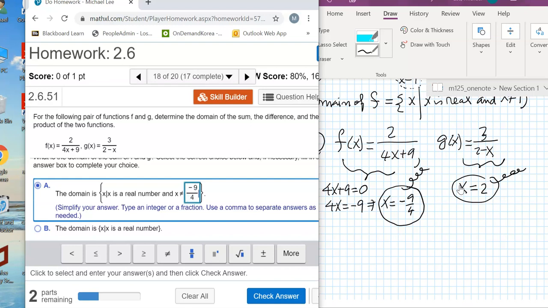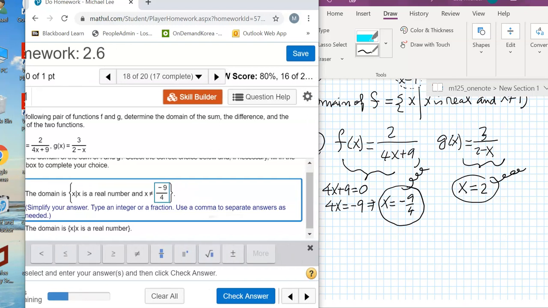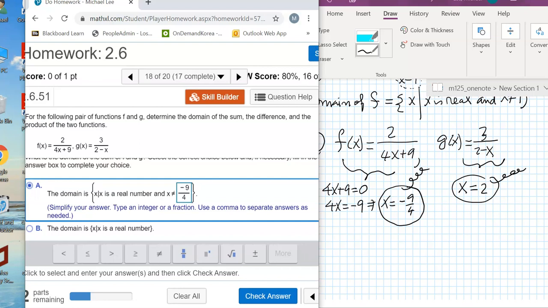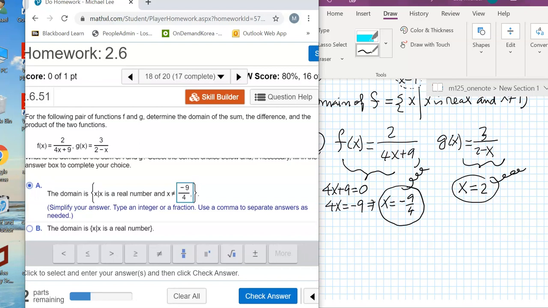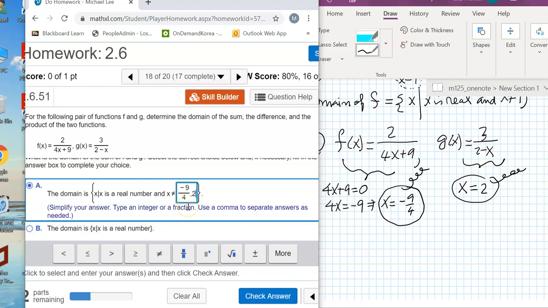Simplify answer, type an integer, use a comma to separate answers as needed. And then you have to say comma, what's another one? 2. You have to say 2. Okay, here, comma 2. And check answer.